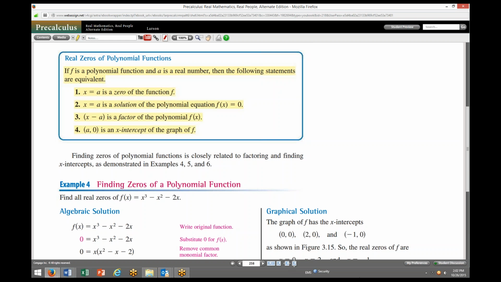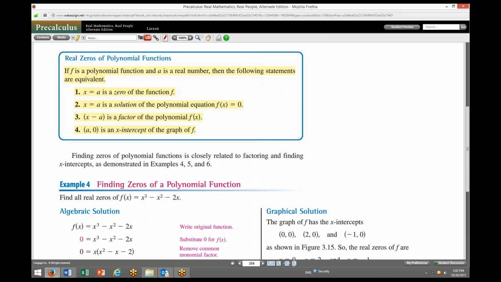And one more thing, like this little chart says, if you take whatever that x value is, that is the solution or the 0 or the x-intercept number, they're all the same. Here they call it a. If we take that number a, and subtract it from x, that expression itself, x minus a, typically in parentheses, is what we call a factor of the polynomial f of x, meaning that it will divide evenly into the polynomial.